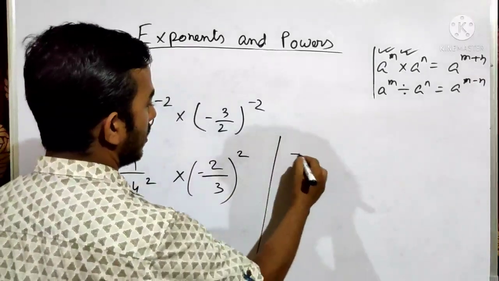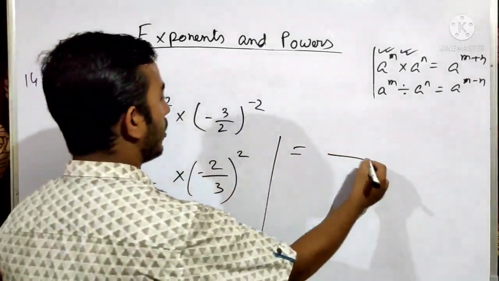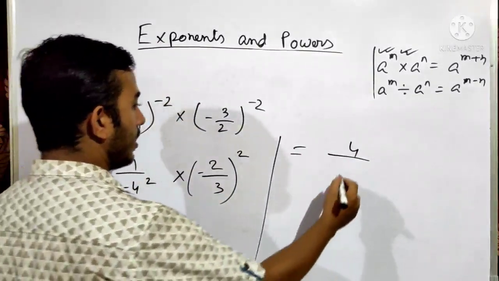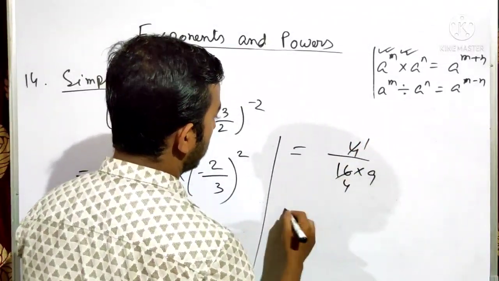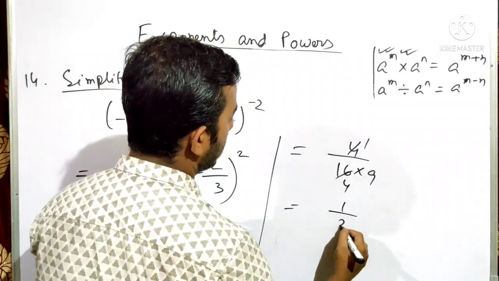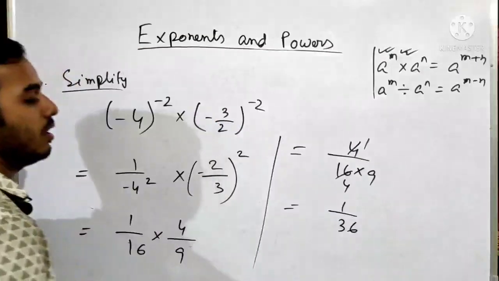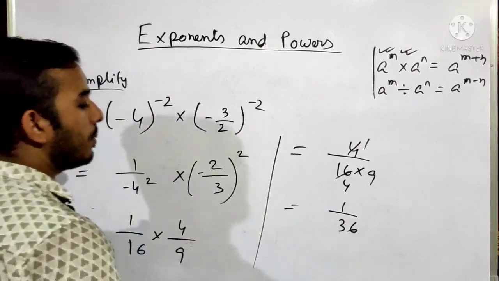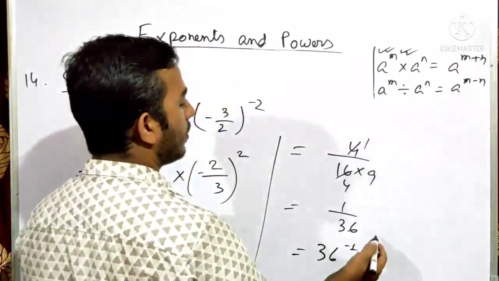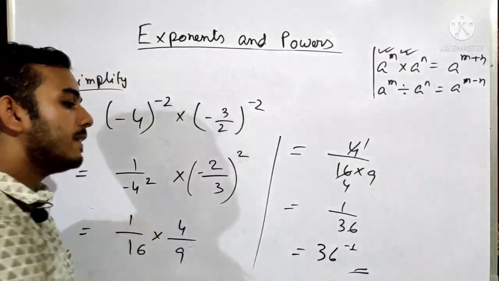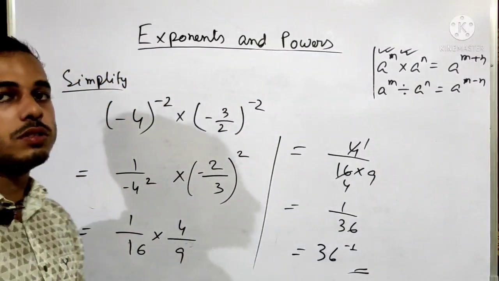So it is 4 into 1, 4, divided by 16 into 9. 4 into 1 is 4, and 4 times 4 is 16, so it is 1 by 4 into 9, which is 36. Clear? 1 by 36. Now you can write this 1 by 36 also as 36 power minus 1, whatever you want. Very easy question, isn't it?